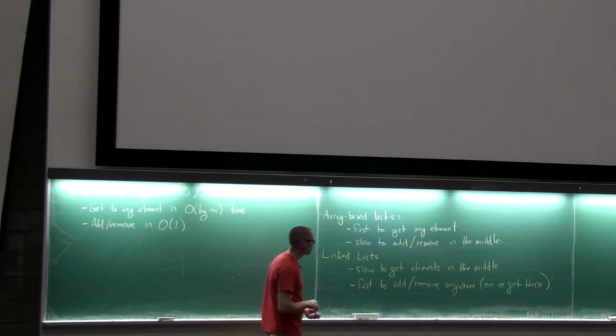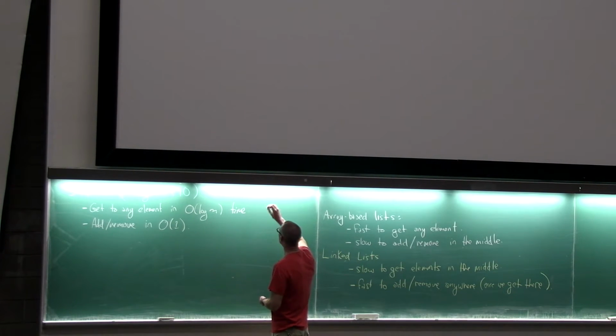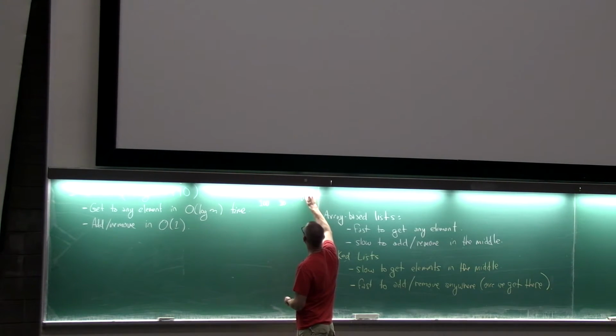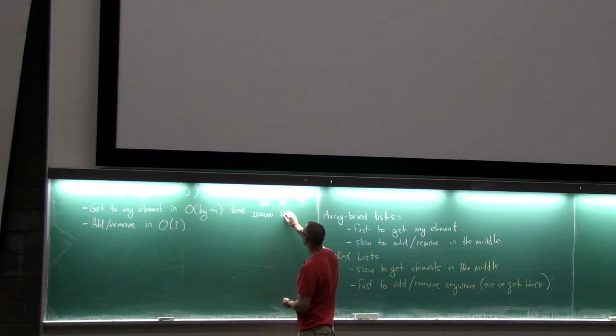So that's way better than we can do, even with these trade-offs with linked lists. Log n is much less than the square root of n. Just a few examples. If n is, let's say, 100, square root of n is 10, and log n is about 7. If n is a million, square root of n is about 1,000, and log n is about 20.